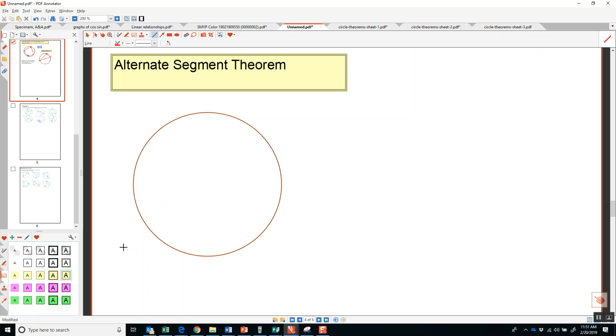For this one, you need to draw in a tangent to the curve, okay? I want my tangent. Is that a tangent that I've drawn? No. It has to go through one point, so I'm going to just move it down.